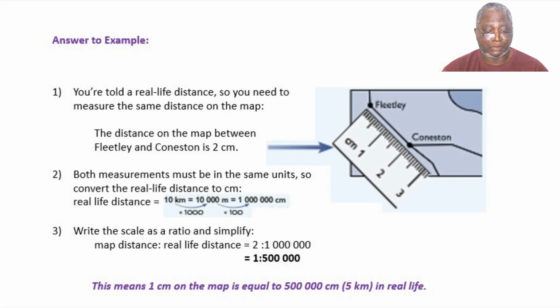The distance on the map between Fleetley and Cornerstone is 2 centimeters, if you look at the ruler on the right. Both measurements must be in the same units, so convert the real life distance to centimeters. Real life distance is equal to 10 kilometers times 100,000, which is equal to 1,000,000.